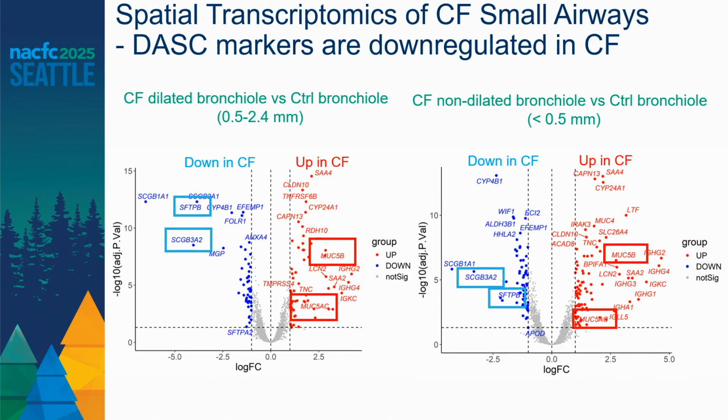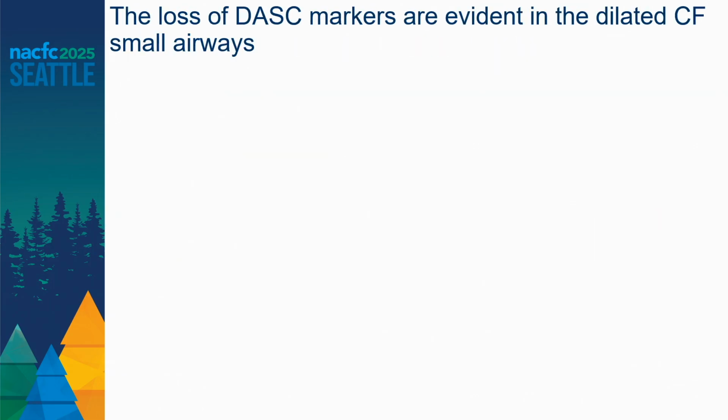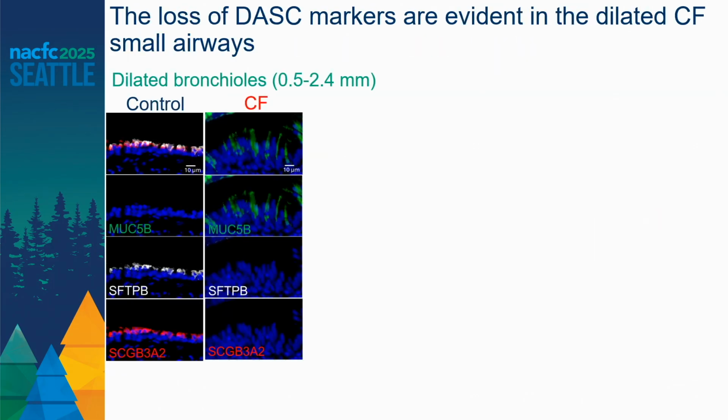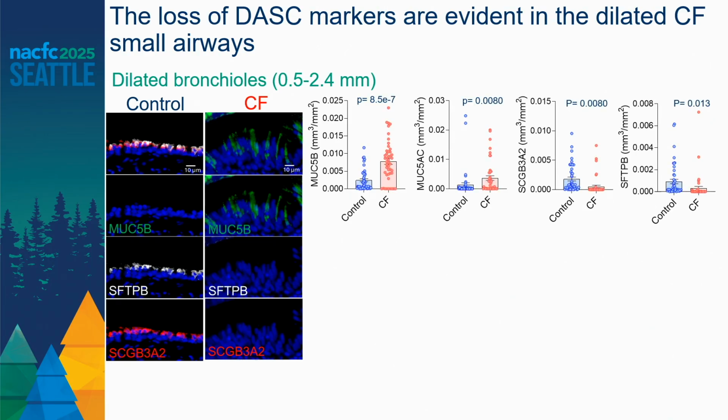To confirm this, we did protein staining analysis of these sections. This is the image of the MUC5B and SPB, SCGB3A2 staining on the dilated bronchial lesions, and as detected in the transcriptomic analysis data, we could follow the same trends in the secretory mucins and DUSC marker loss.